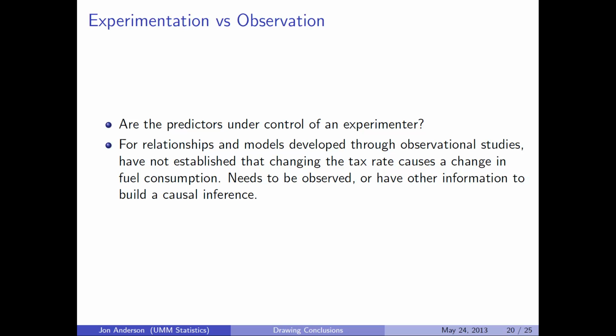When you construct multiple regression models from observational studies, for example, in the gasoline consumption data from the United States, unless the tax rate has really been changed in a controlled experimental way, it's really not quite reliable to say that when we change the tax rate in a real situation, it will have the impact like the beta hat for the tax coefficient. You actually need to change the tax rate in order to really have causal inference.